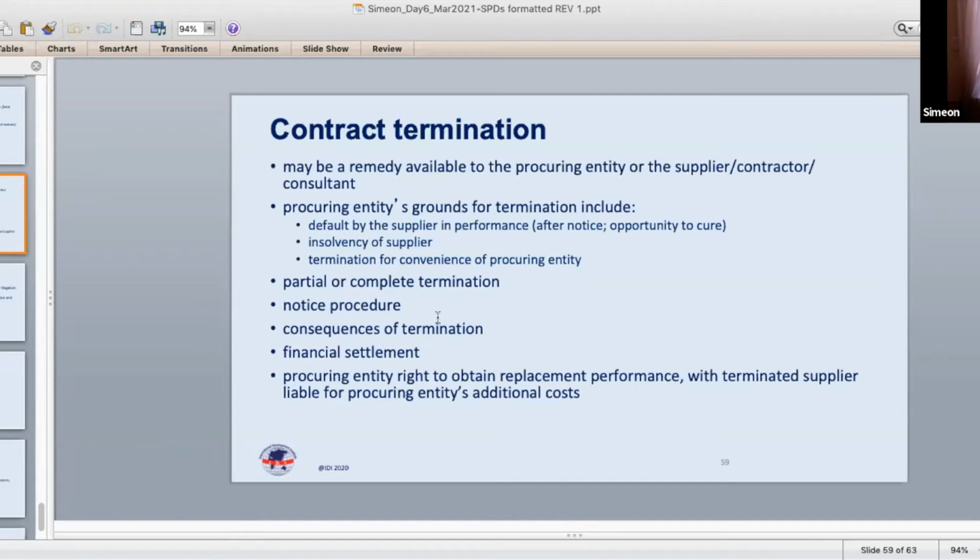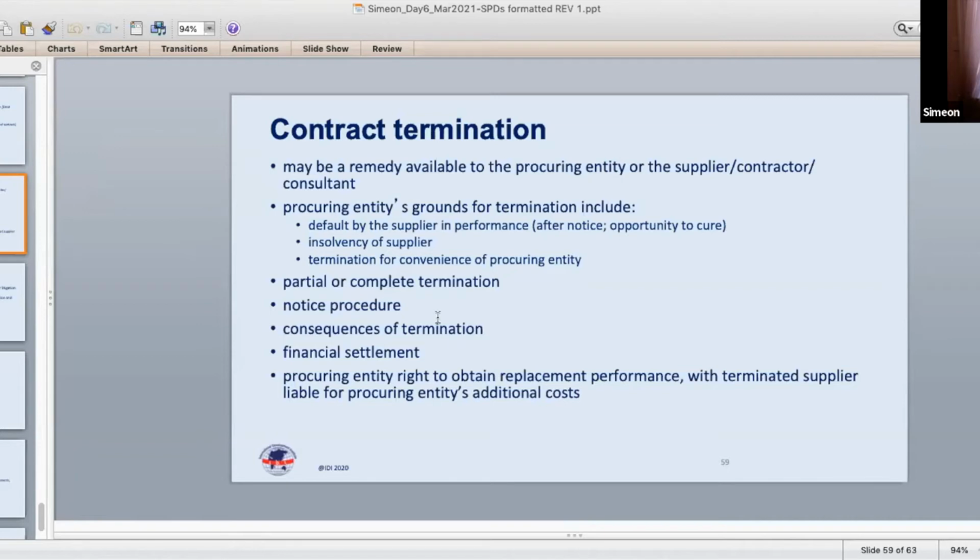Partial or complete termination: the World Bank contract documents distinguish between complete termination of the contract and termination of only parts of the contract. Among the consequences of termination is the financial settlement.